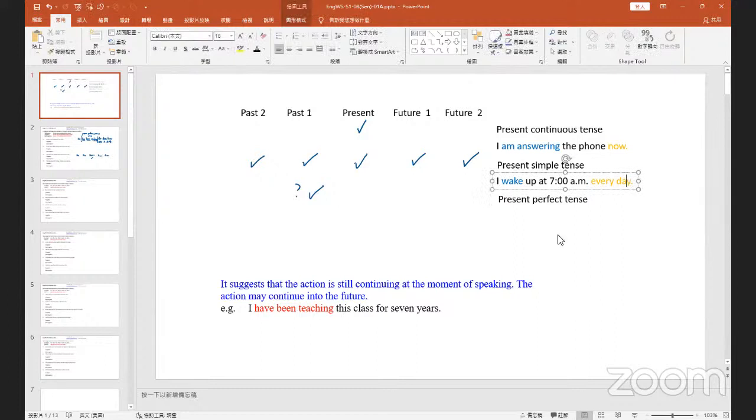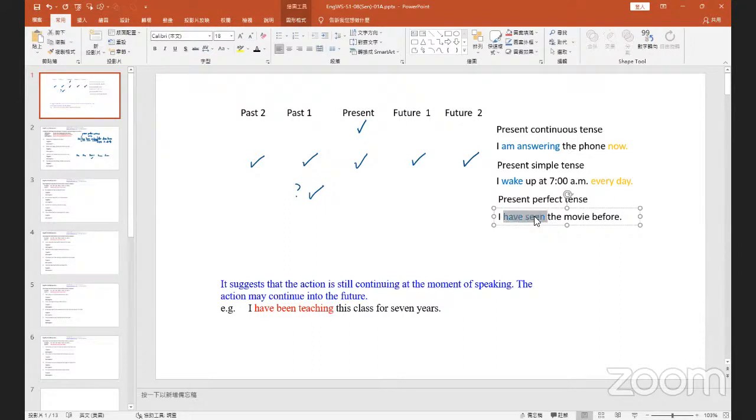For example, I have seen the movie before. But when was it? Maybe yesterday, maybe 10 years ago. The time is unknown, so you use present perfect tense.